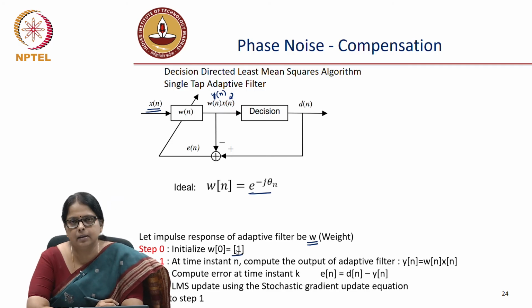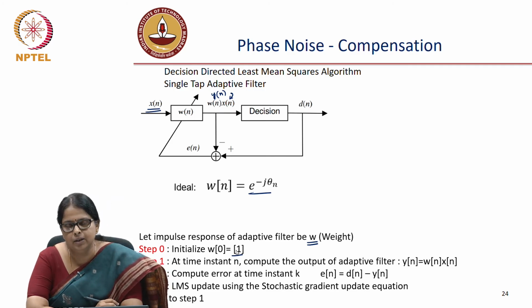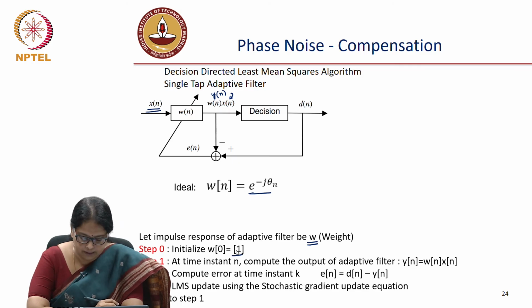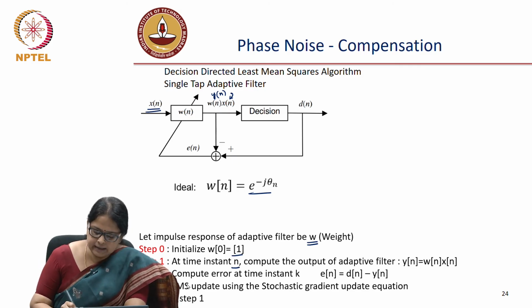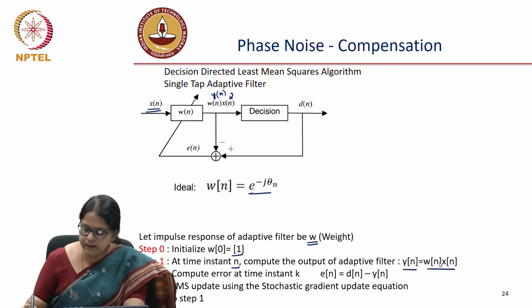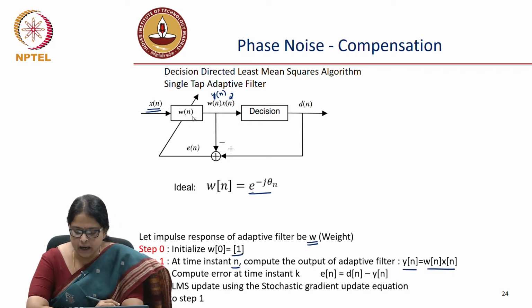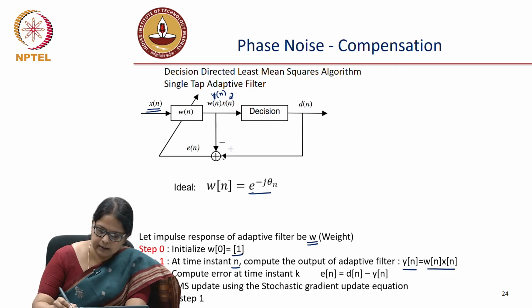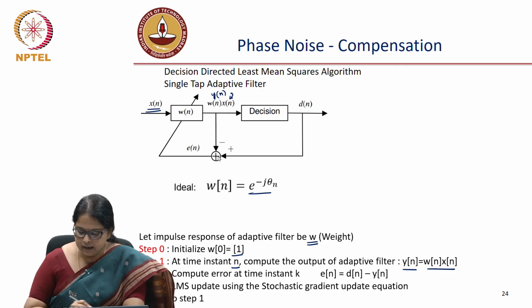You assume that the phase noise added is 0, so the weight is 1 to start with, and at any instant n you compute y of n is w of n into x of n, and then you compute the error. Now, the error at time instant n is e of n is d of n minus y of n.